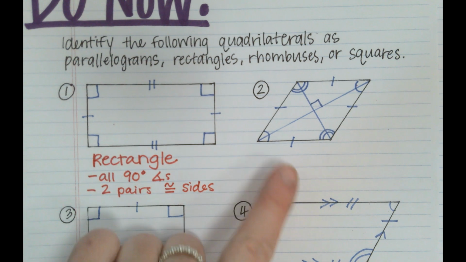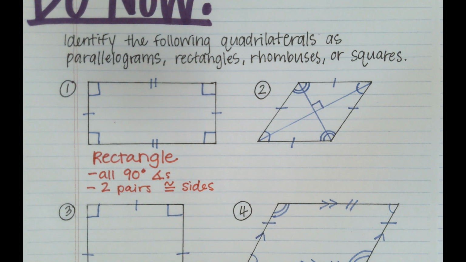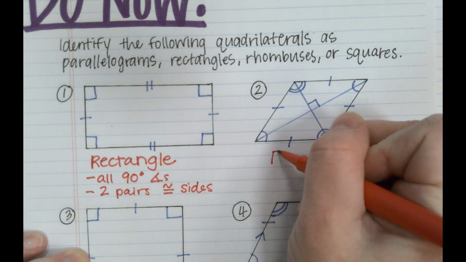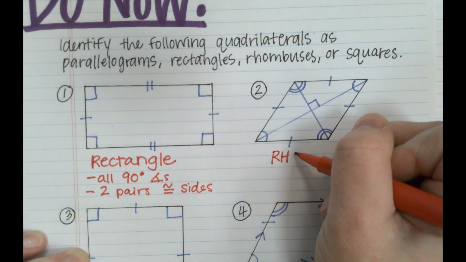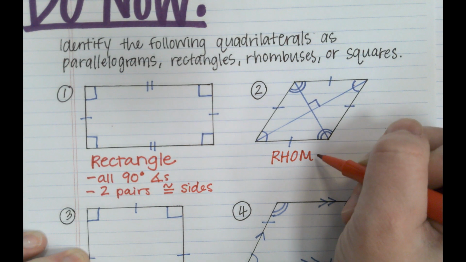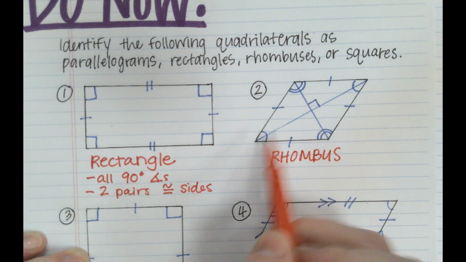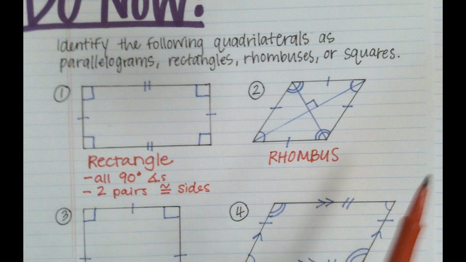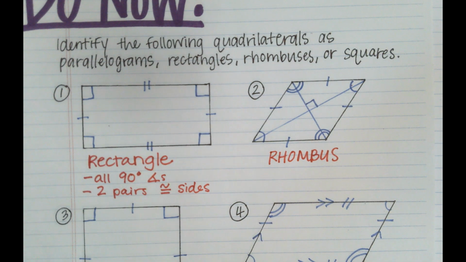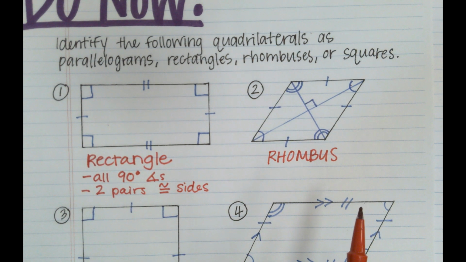Number two. What's that? Rhombus. Very good. How'd you know it was a rhombus and not just a parallelogram? It's got two pairs of acute and obtuse angles. That is something I see there. What is the dead giveaway that it's a rhombus? What's the one deciding factor having to do with sides? Slanted lines.